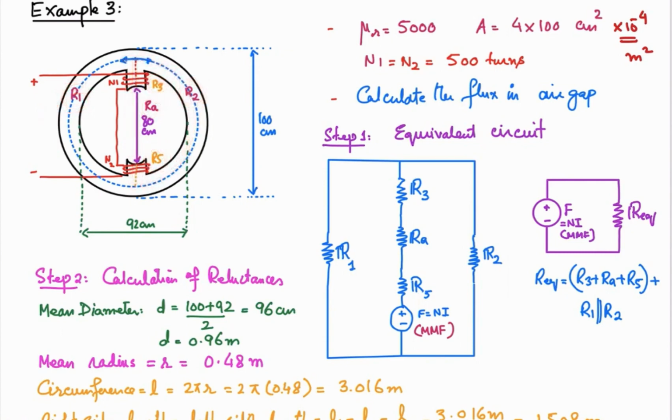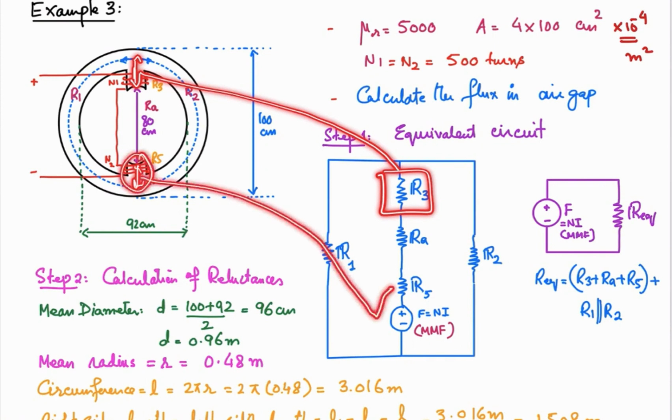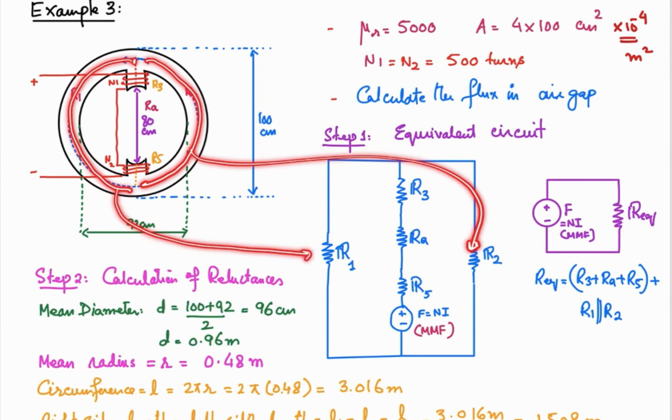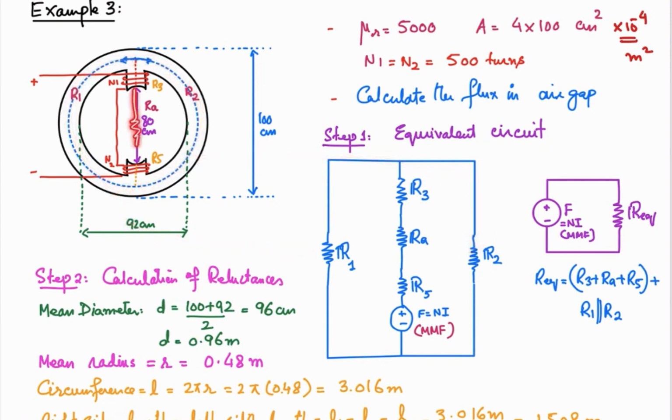So its equivalent circuit is shown over here. The reluctance of this part is R3, and the reluctance of this path is represented as R5, then the reluctance of this side is shown over here, R2, and the reluctance of this side is shown over here, R1, and the reluctance of the air gap is represented as RA.